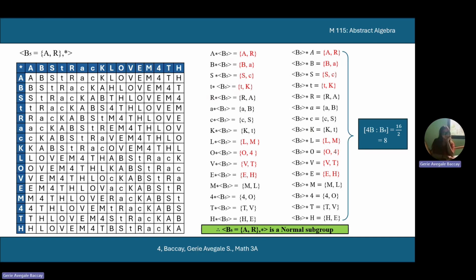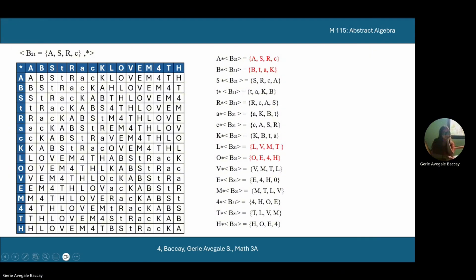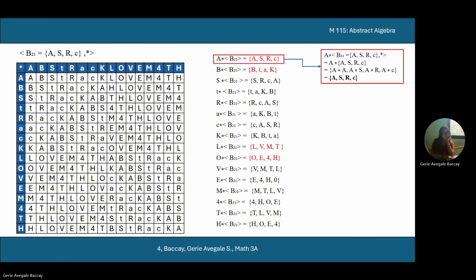Let's have another example. For this, we apply the same process in getting the left cosets. We operate each element of the largest set on the left side of B sub 21. A star A is A, that's why we have A here. And then A star S, that's why we have S here.